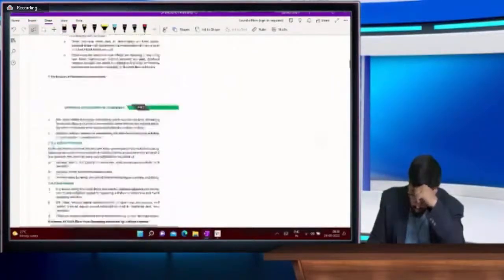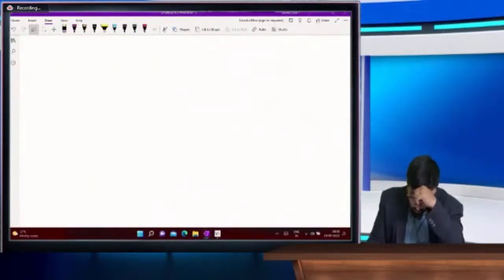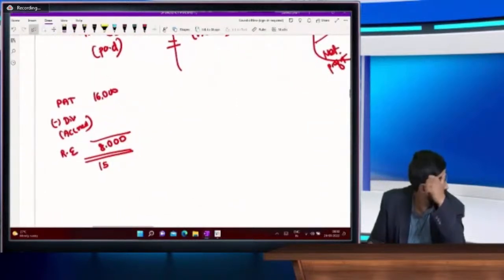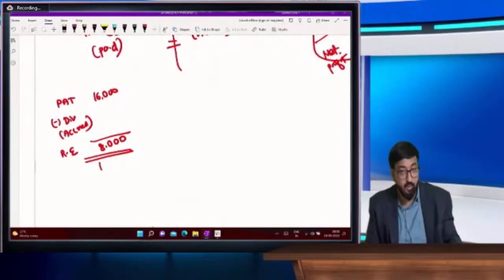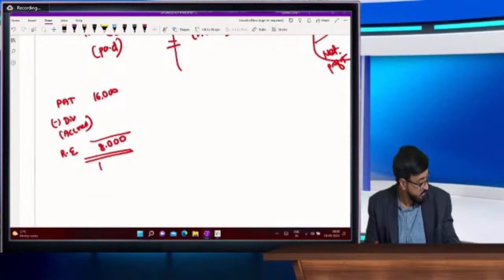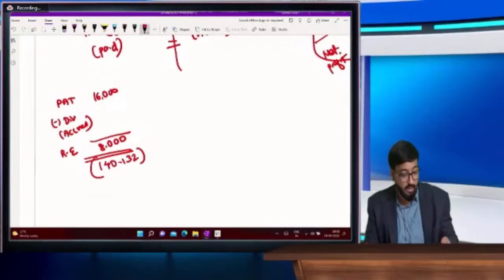From 132, it moves to 140. 140 minus 132 is 8,000.